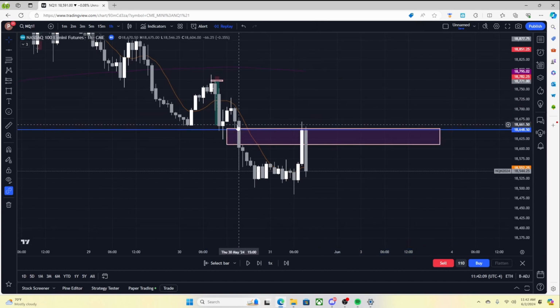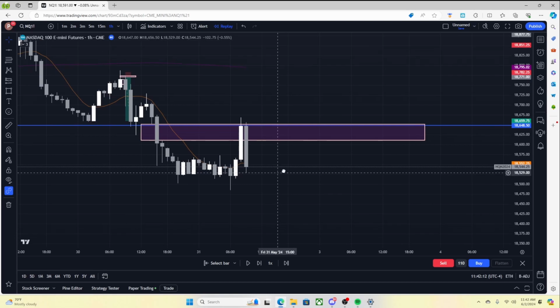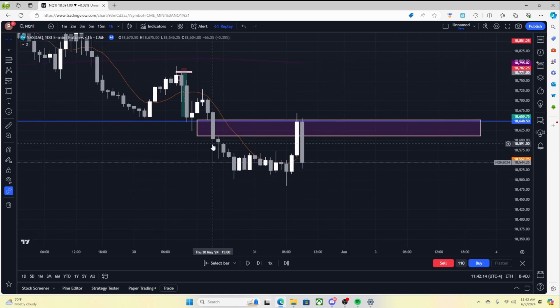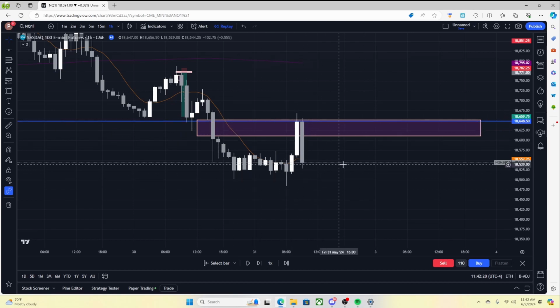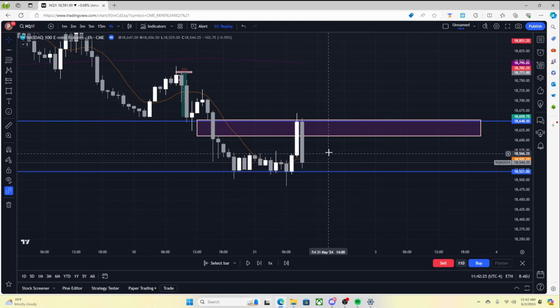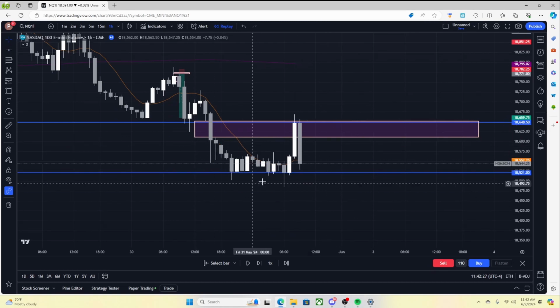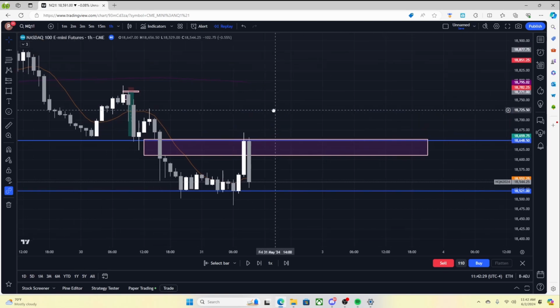So again, what am I looking for? I'm looking for shorts today, because we have a bearish fair value gap and liquidity above. There's a level down here, so this might be a target I'm looking for, but we don't have any bullish fair value gaps, so that's why I wouldn't be looking for any longs at this current moment.